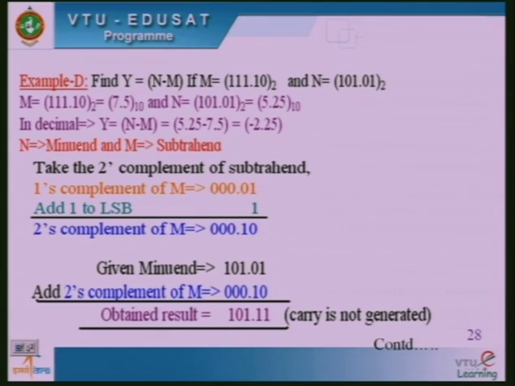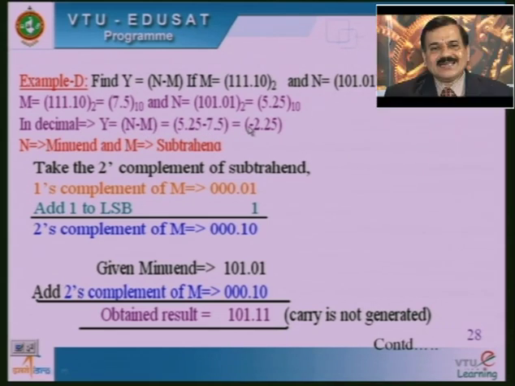Find y equal to n minus m, where m is 111.10 and n is 101.01. The m value is 7.5 and the n value is 5.25 in decimal. So y is 5.25 minus 7.5, and the result is negative 2.25.